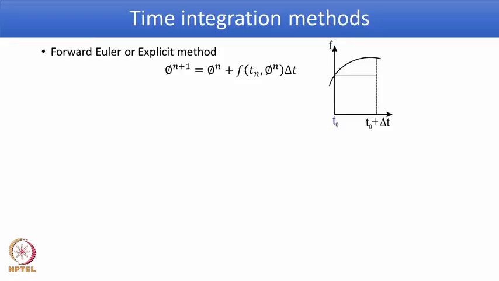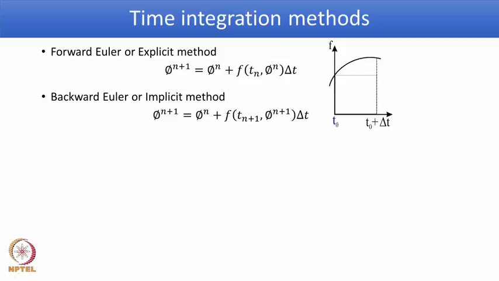So, phi at n plus 1 means phi at the new time level, which is defined as n plus 1, is equated to phi at n, that is the old time level, with some derivative, and graphically it is shown here: t0 and t0 plus delta t, and the new value, that is the function here at t0 plus delta t, is evaluated from phi at time 0, that is what is shown by this. This curve represents the function variation.